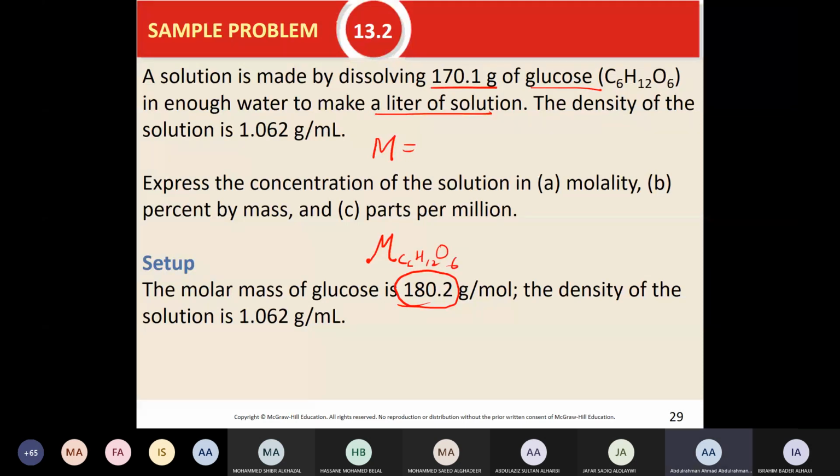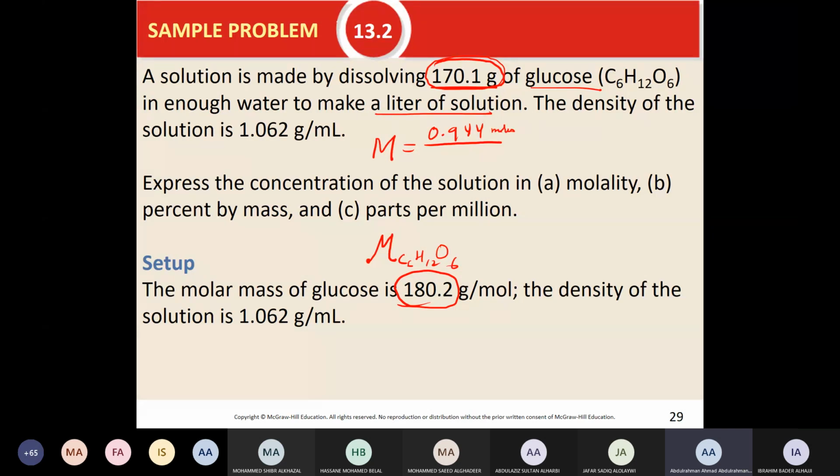So how can you calculate the number of moles? Divide 170 over 180. All right, what's the answer? 0.944. Very good.